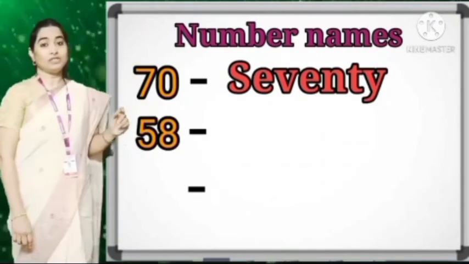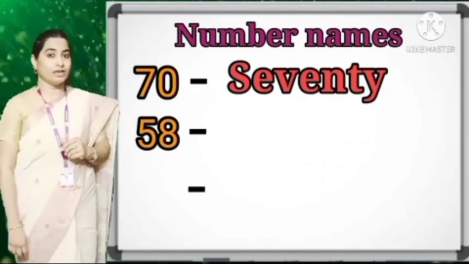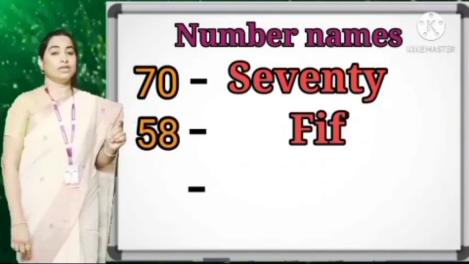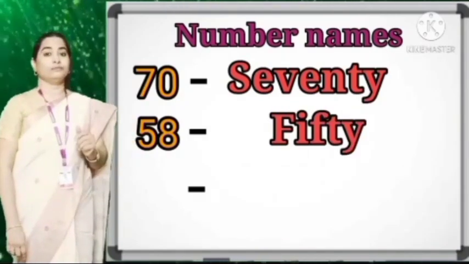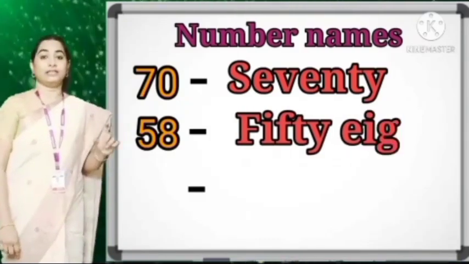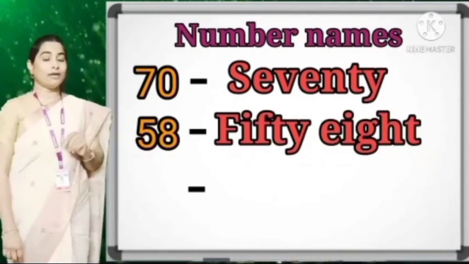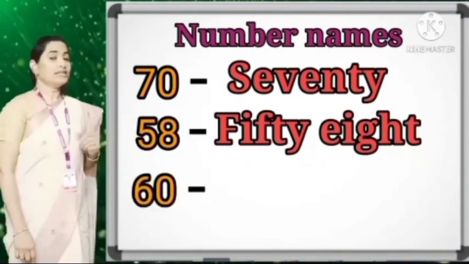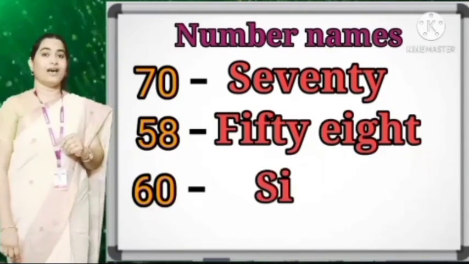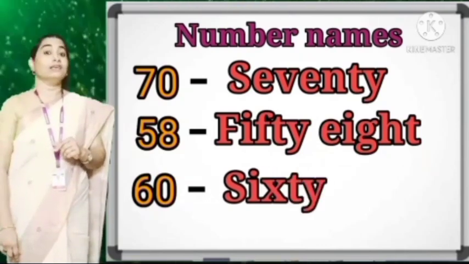It's 58. How will we write 58? F-I-F-T-Y, 50. E-I-G-H-T, 8. 58. And what is the next number? It's 60. How will we write 60, children? Yes. S-I-X-T-Y, 60.